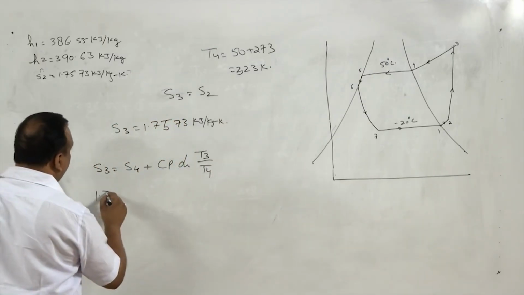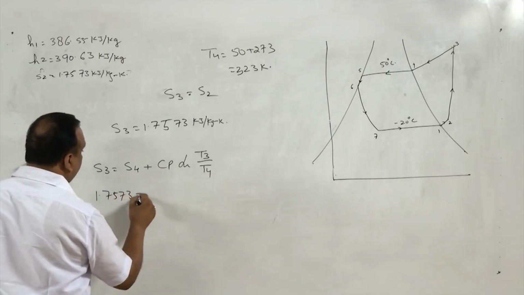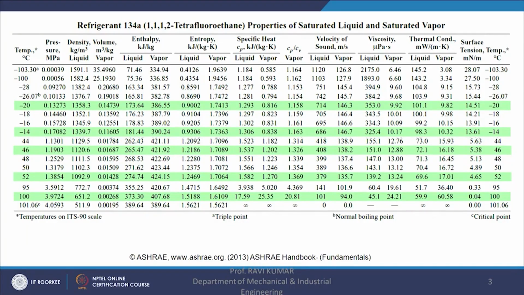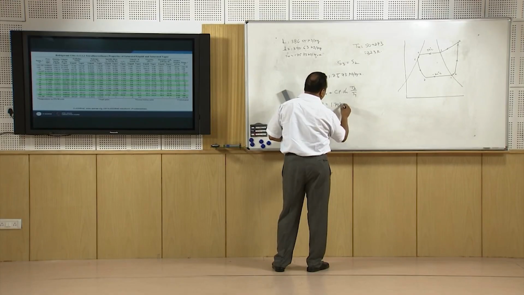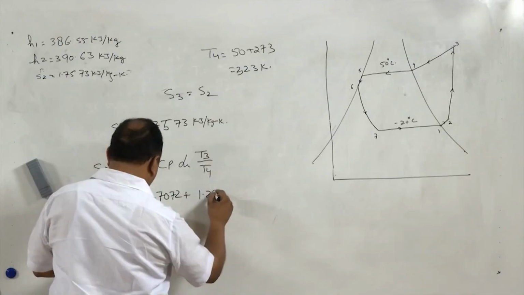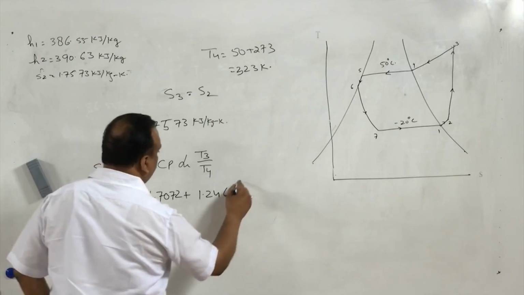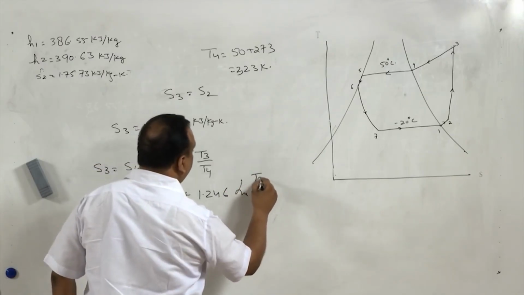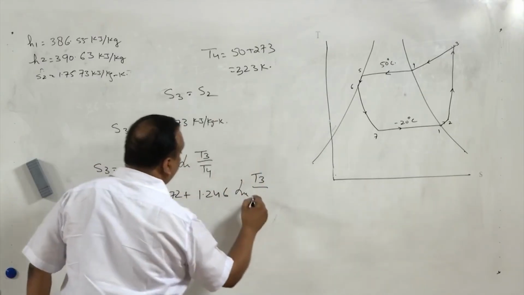S3 is given here, 1.7573. S4 can be taken from here: at 50 degree centigrade, the entropy of saturated vapor is 1.7072, plus specific heat 1.246, natural log T3 by T4, which is 323.